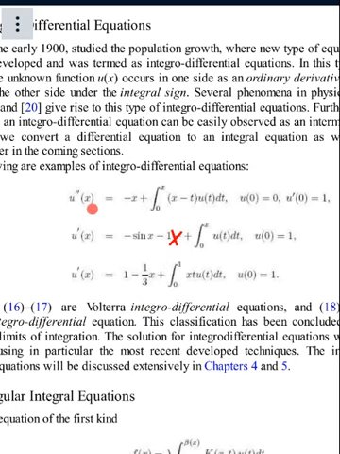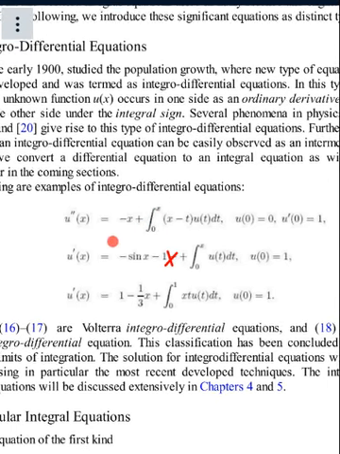To recognize whether they are Volterra or Fredholm, we have to pay attention to the limits of integration. For example, here in the first case, can you tell me if it is Volterra or Fredholm? The first example.